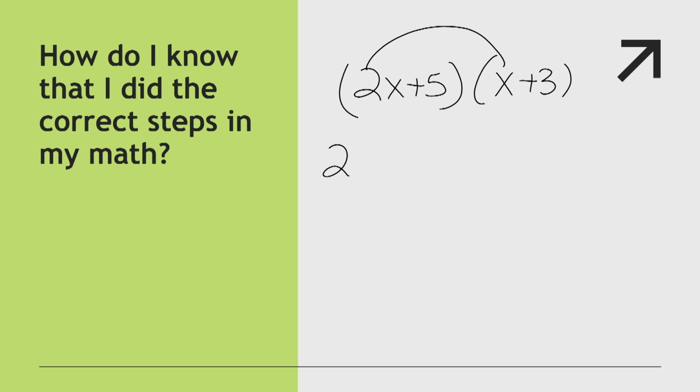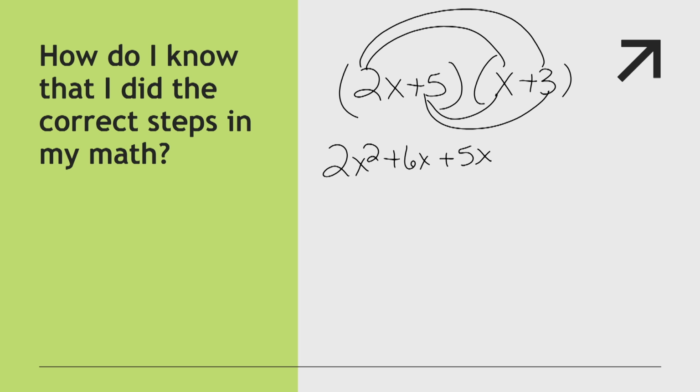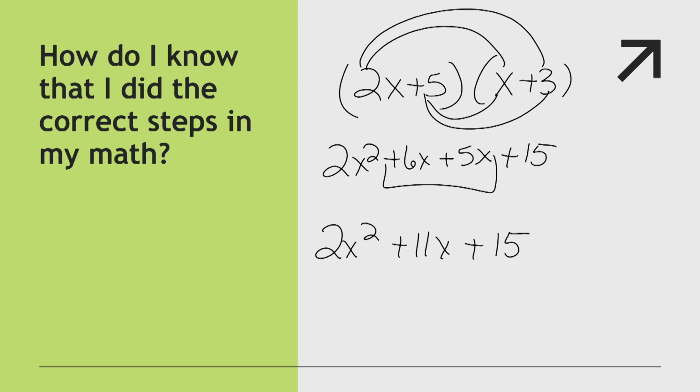First, outer, inner, and last. Making sure we got that last. Like terms together. So when I FOIL it back, I should get my original problem.